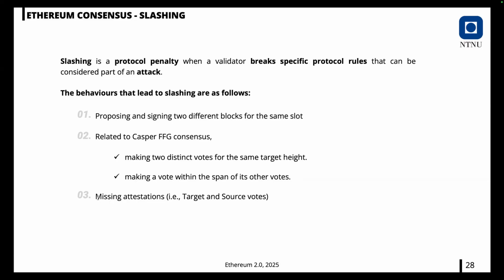For missing attestations, you're going to get penalties, and also for trying to cheat and proposing 2 different blocks for the same slot, or for not properly validating things, or missing the timer. So when you participate in the Ethereum network with your validator, you have to stake a certain amount of Ether, and you have to have a running node which doesn't miss attestations, because every time you miss attestations, you're going to pay a fine for this.